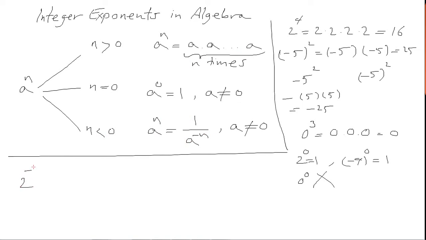2 to the power of negative 4. This is 1 over 2 to the power of 4. So 1 over the same base here and the exponent has been negated. And as we calculated here, 2 to the power of 4 is 16, so this is 1 over 16. Another example.